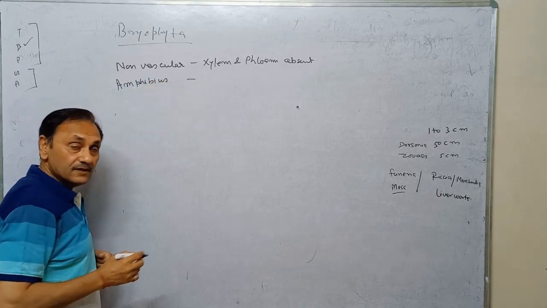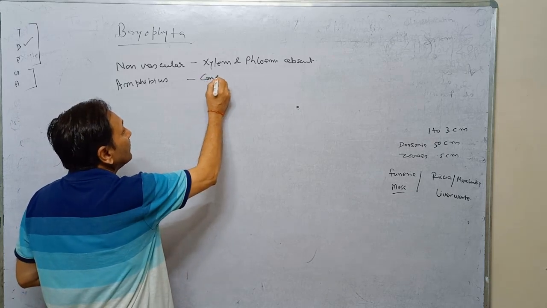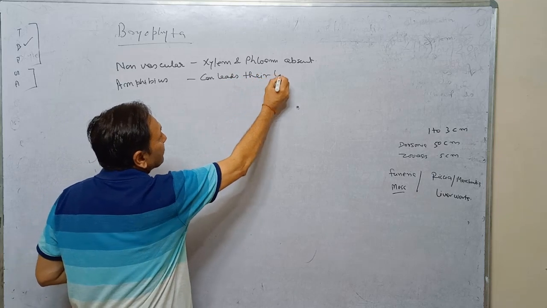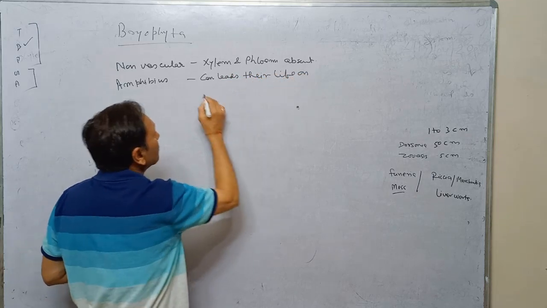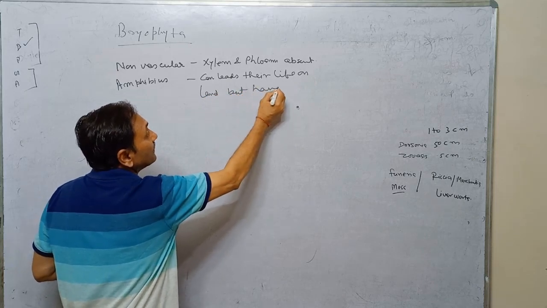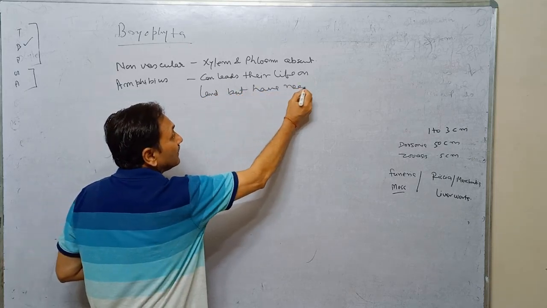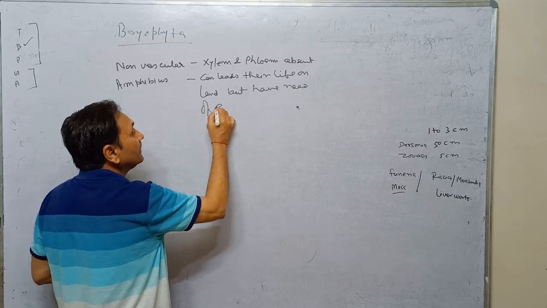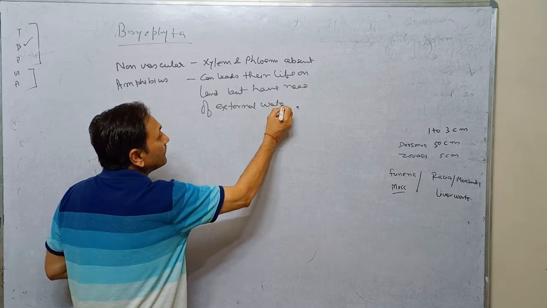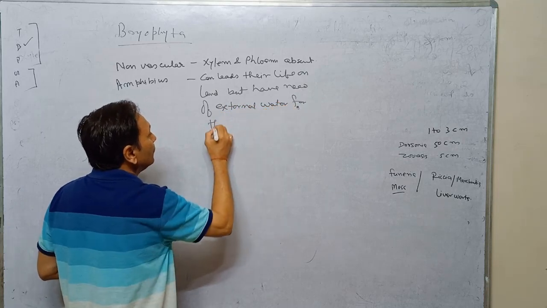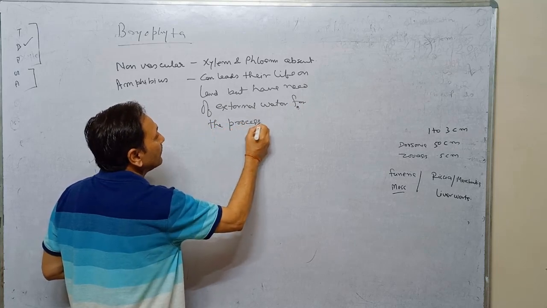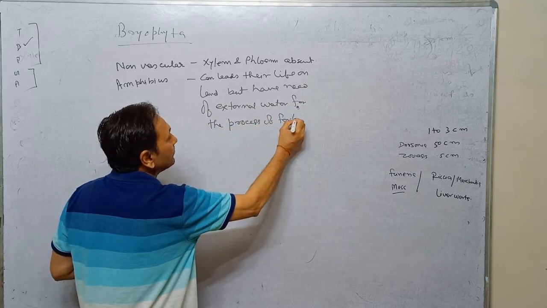Amphibious means it can lead its life on land but has need of external water for the process of fertilization.